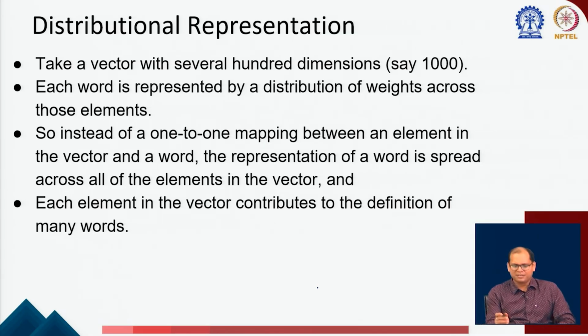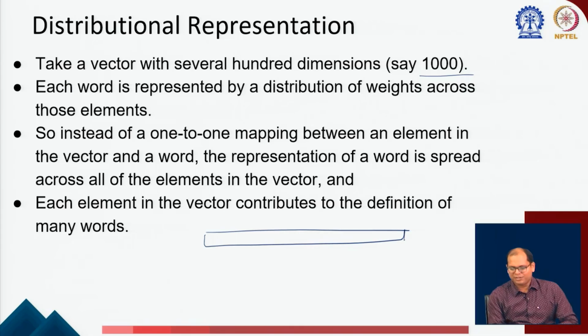Let us say we take a vector with several hundred dimensions. Let's say 300 was a typical number, and you will represent a word by a distribution of weights across these elements. So you have say 300 dimensions, and each dimension has some weight 0.25, 0.7, minus 0.2, and so on.